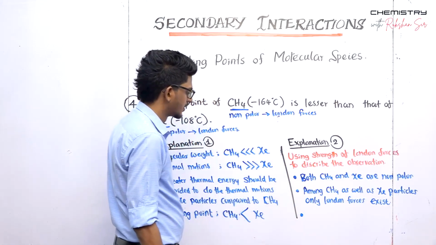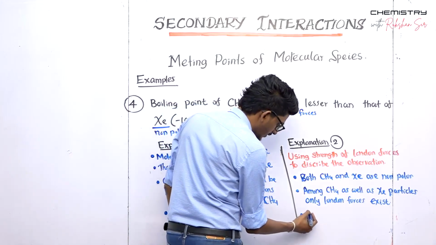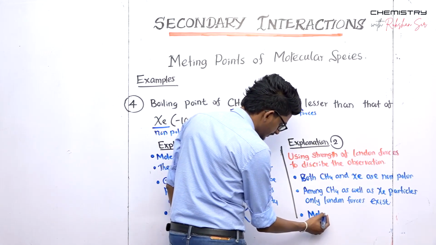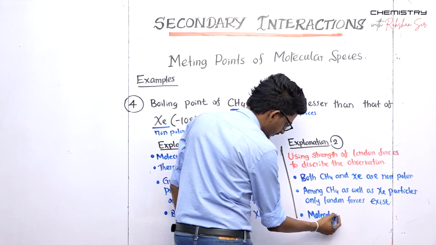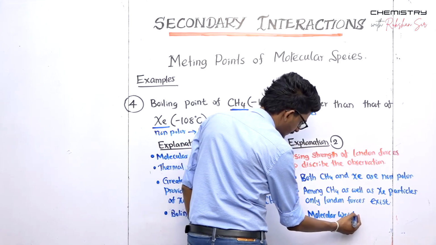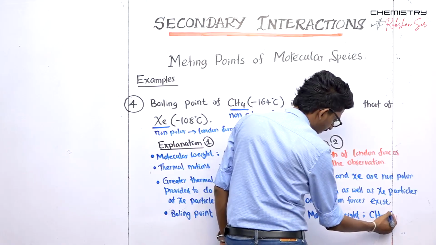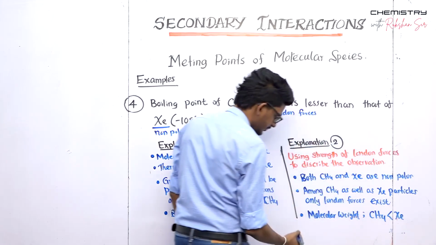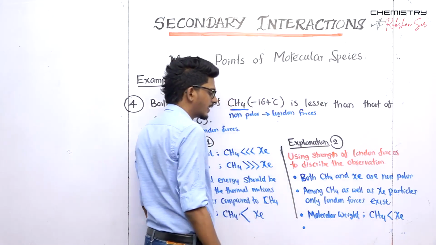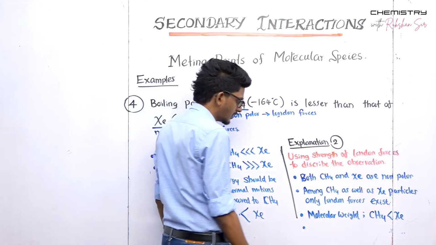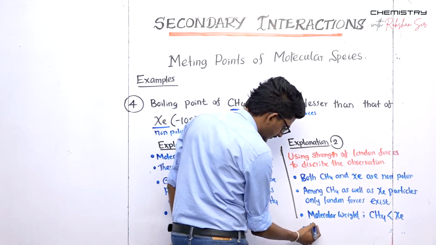Then we can write the molecular weight of CH4 is less than that of xenon. So what we know is when the molecular weight is high, London force strength is high.